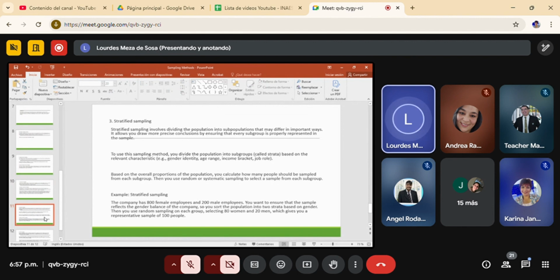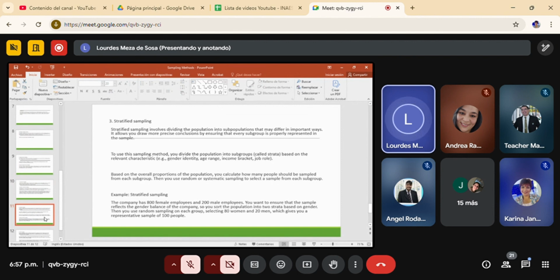They have to be strata that differ in important ways, for example, male and female. It allows you to draw more precise conclusions by ensuring that every subgroup is properly represented in the sample. So I have 5 men, 5 women, 5 children, 5 teenagers, let's say. So I provide different strata for that sample.